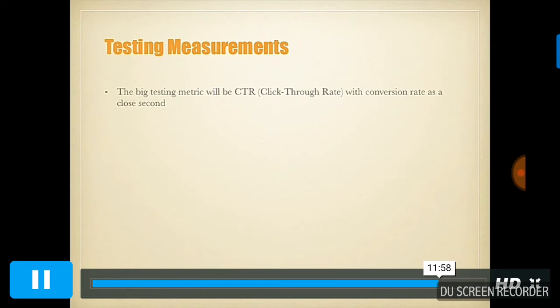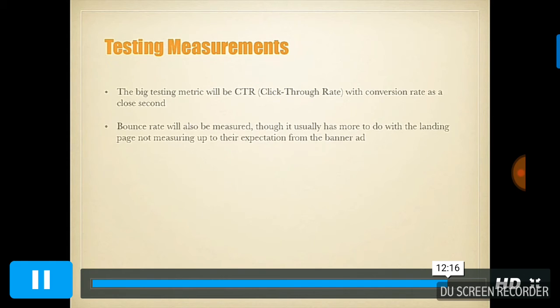And also, like with emails, if the conversion rate is low once they get to the page, it could be that there's something in the banner ad that's not preparing them for what they find on the landing page. Your CTR is a more direct measurement, but you also want to pay attention to your conversion rate when you're testing your banner ads. Bounce rate will also be measured, and like the conversion rate, it's worth at least considering as you test your ads.